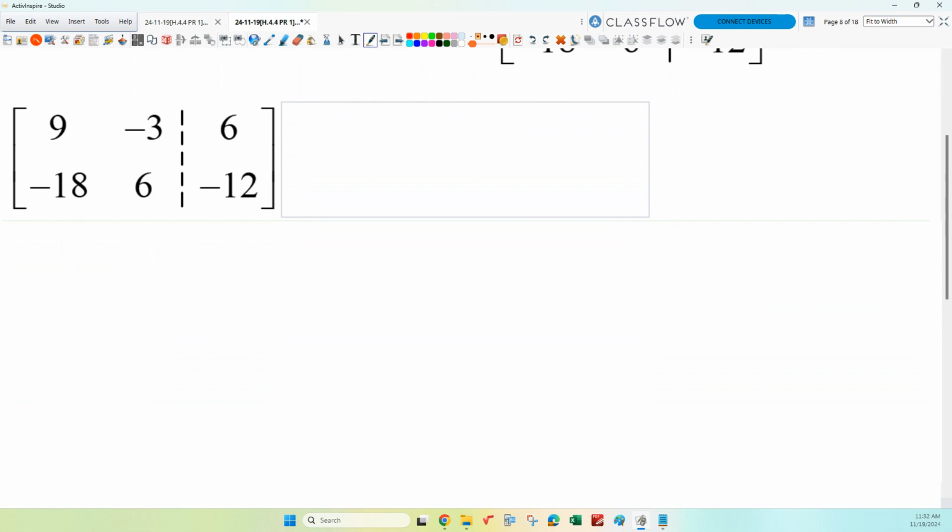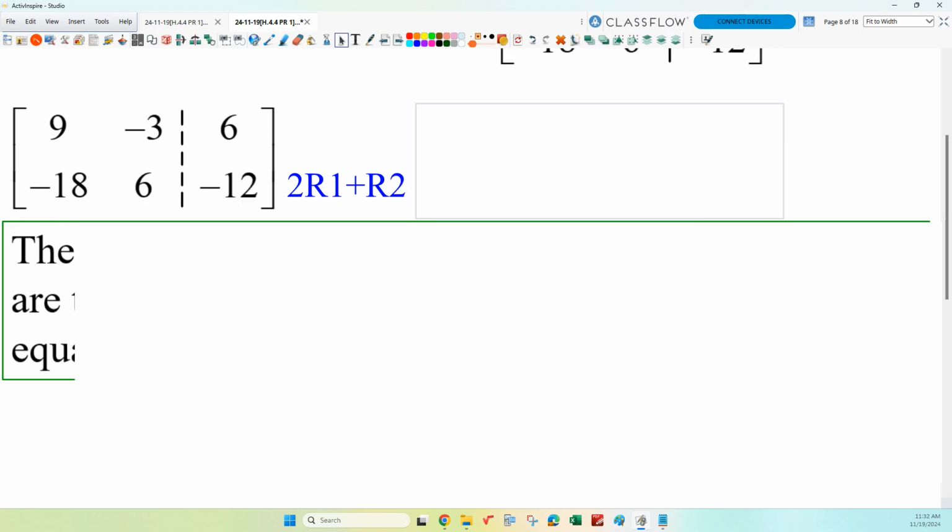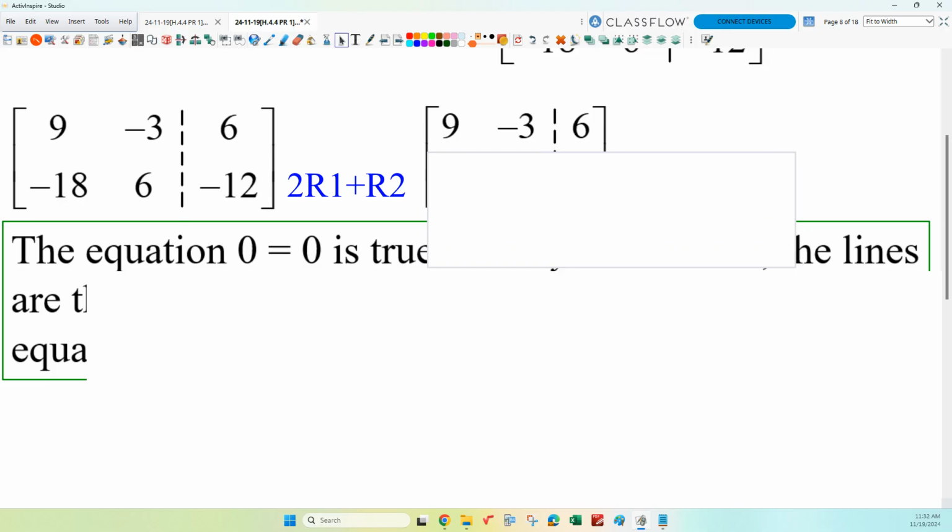2R1 plus R2. And that's how I'm going to transform row 2. So, everybody buy that? Row 2 gets replaced by 2R1 plus R2. Okay. So what is 2 times 9 plus -18? 0, right?